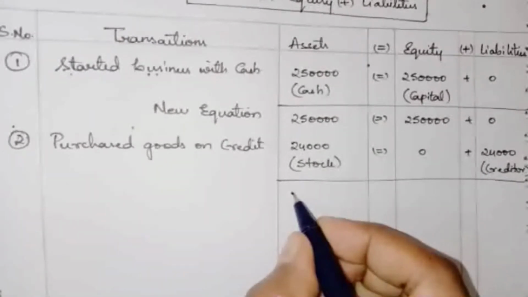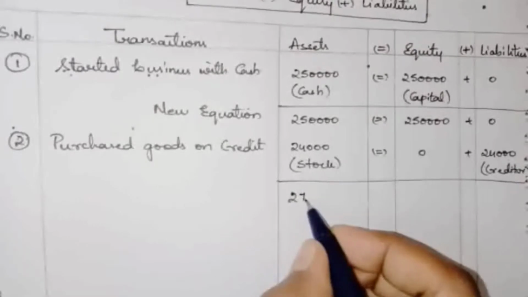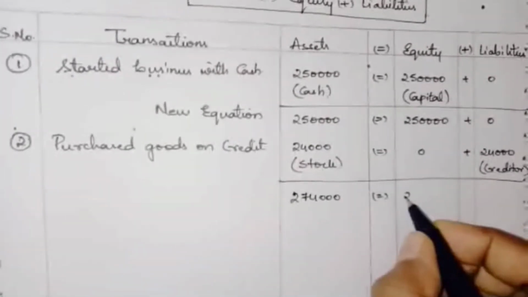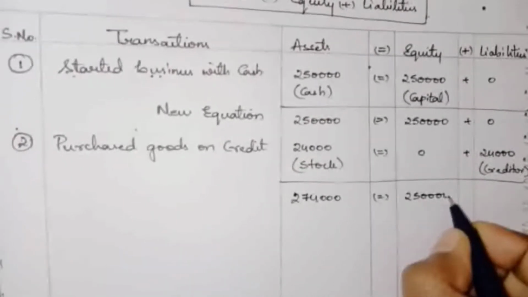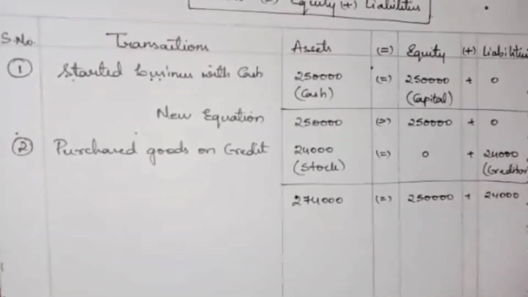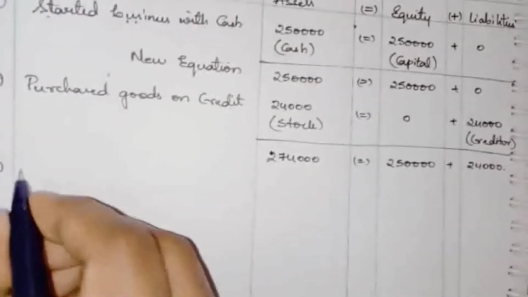So total the column, total comes to 2,74,000 of the assets, equal to 2,50,000 equity amount plus 24,000 liability balance.